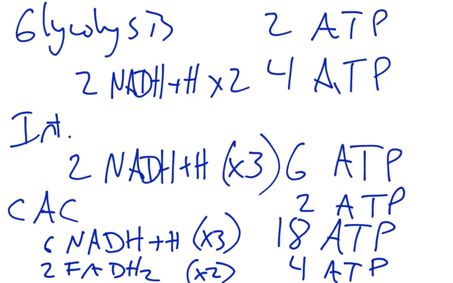So that would be good to memorize, to know. So 6 comes from the intermediate step. 2 times 3 is 6. And then the 2 below, it's just the 2 ATP we get directly from the citric acid cycle.